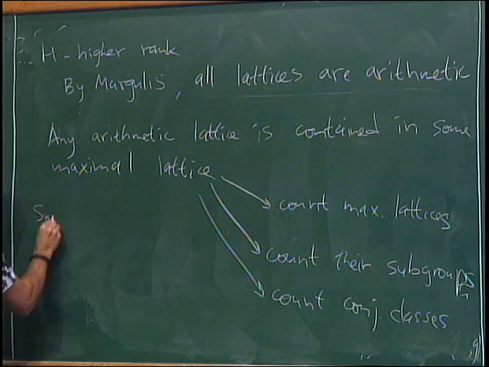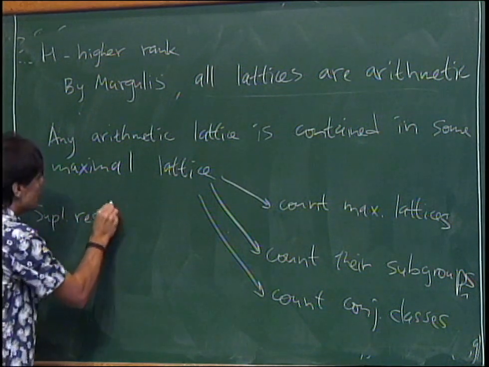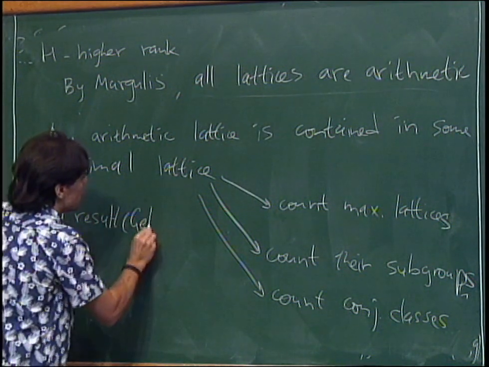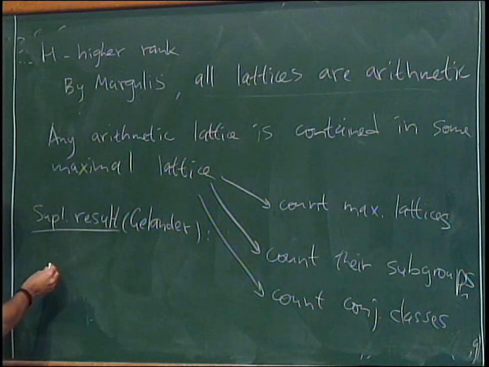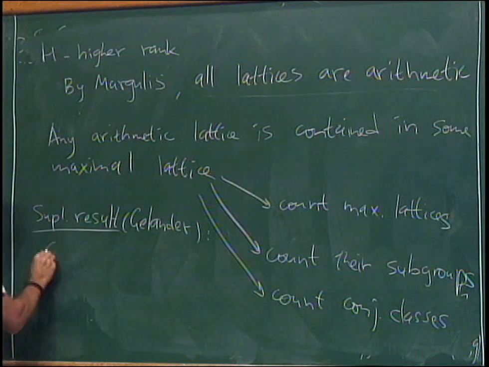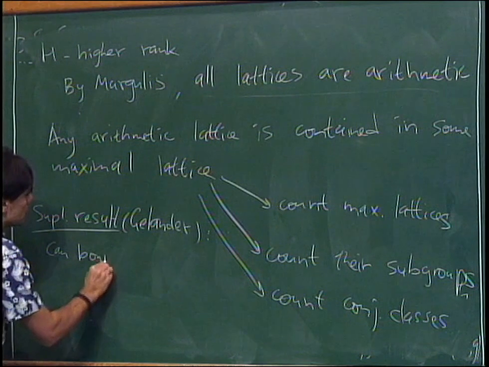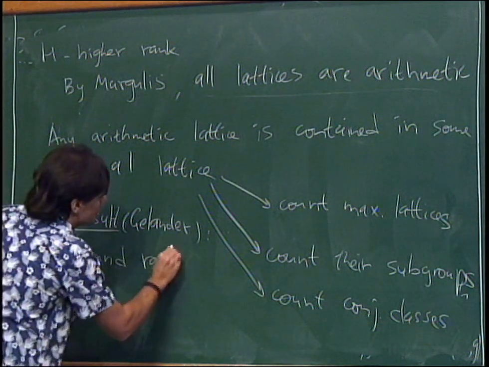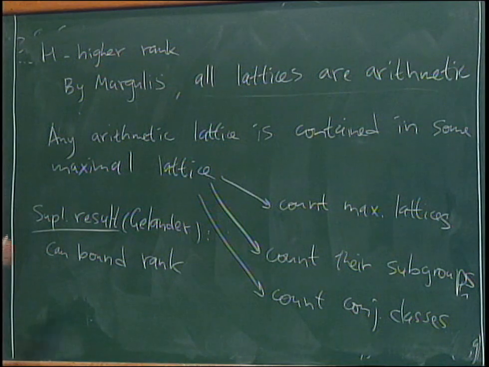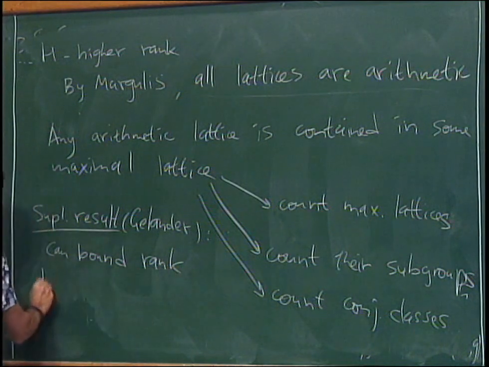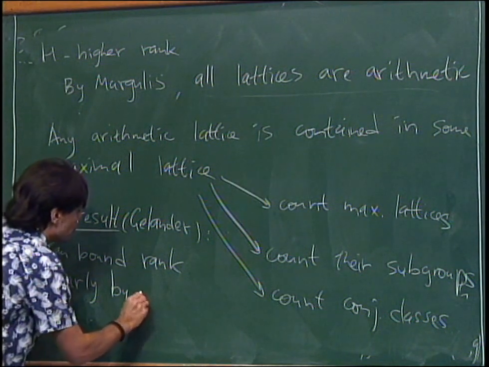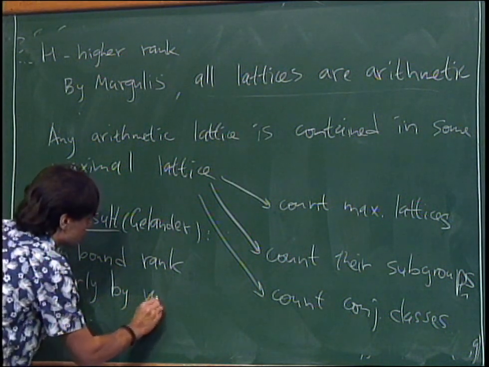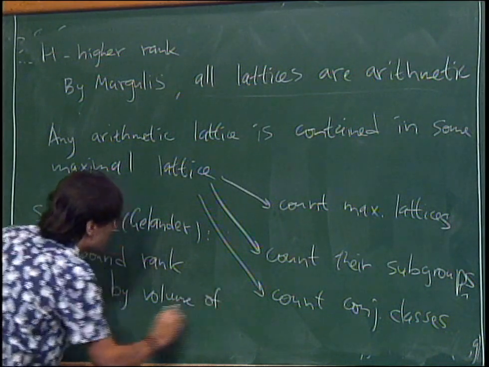So, supplementary results, say, proved by Gelander in big generality, says that we can bound rank, here both rank of the fundamental group or rank of the homology group, linearly by the volume of the space.